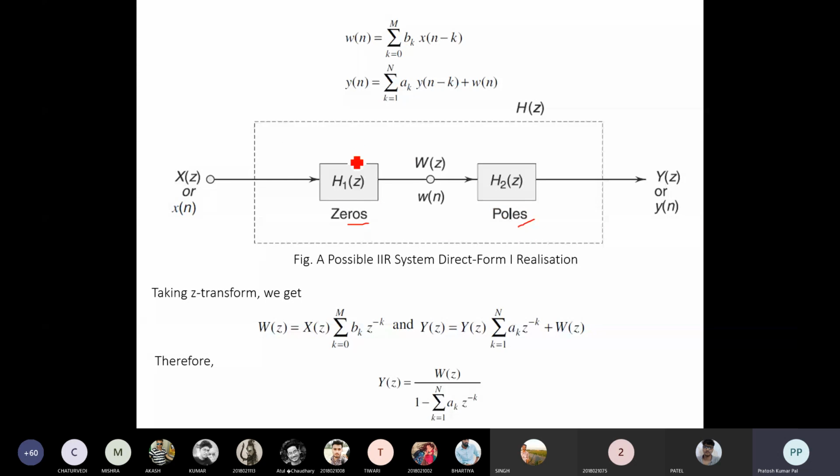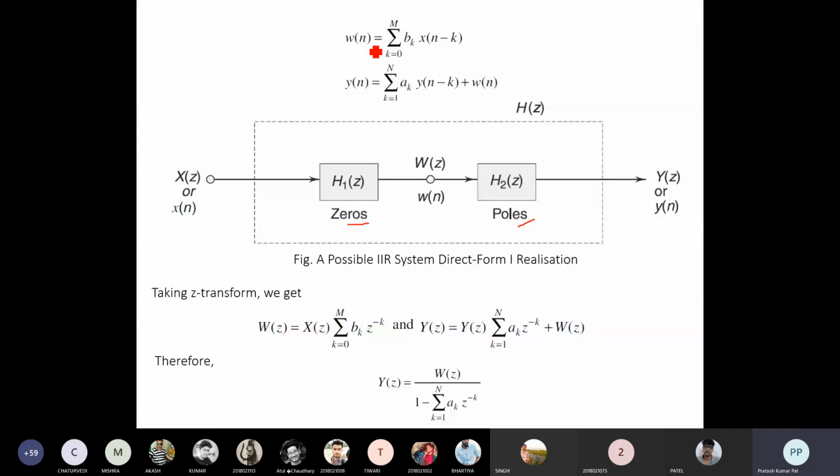We will separate the first term out as h1 of z, and the second as h2 of z. h1 will be realized first, followed by the h2 term. So the zeros will be realized first and the poles after that, and we will make a series connection between these two.